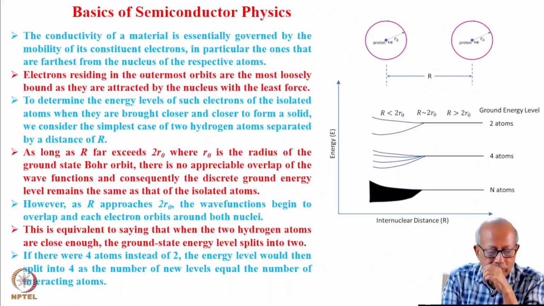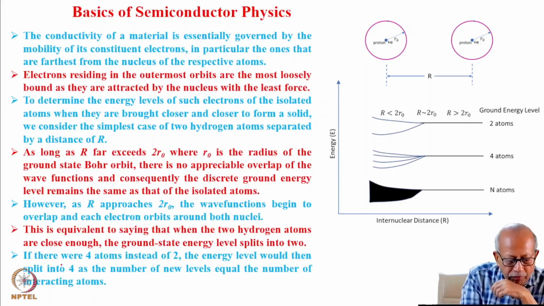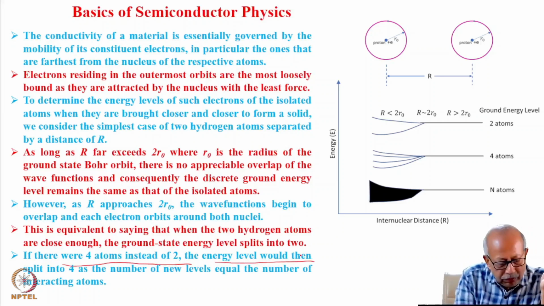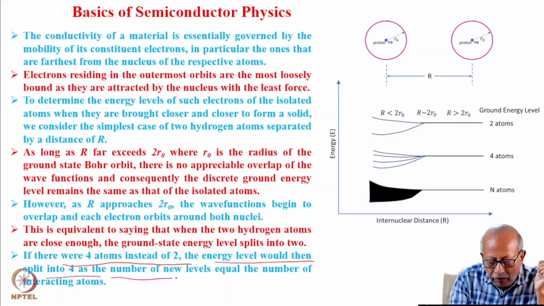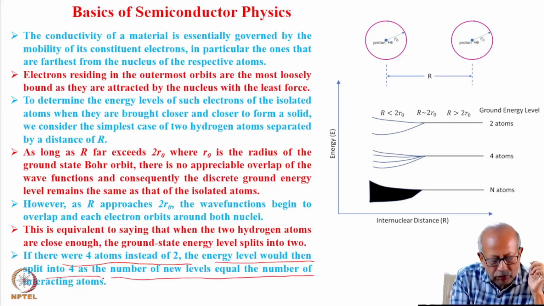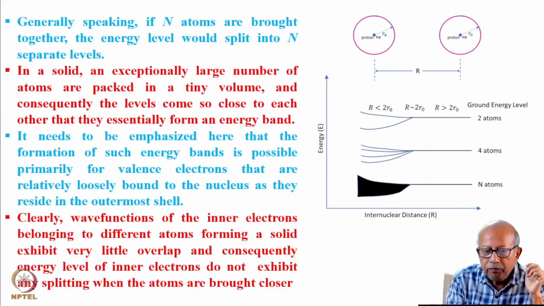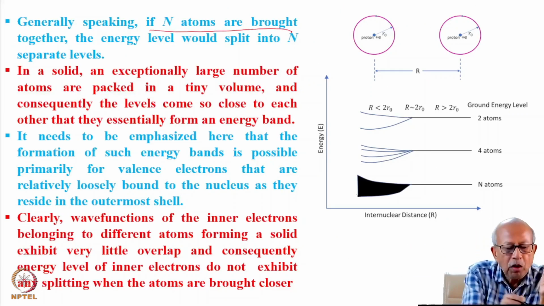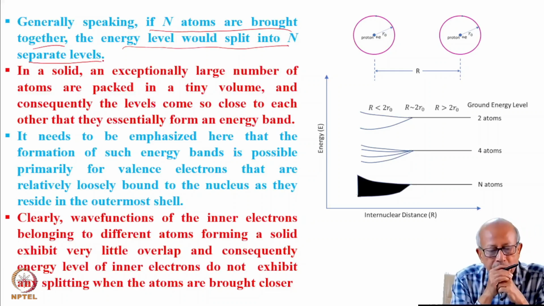So that's all. If there were four atoms instead of two, the energy levels would split into four, as the number of new levels equals the number of interacting atoms. Generally speaking, therefore, if n atoms are brought together, the energy level would split into n separate levels.